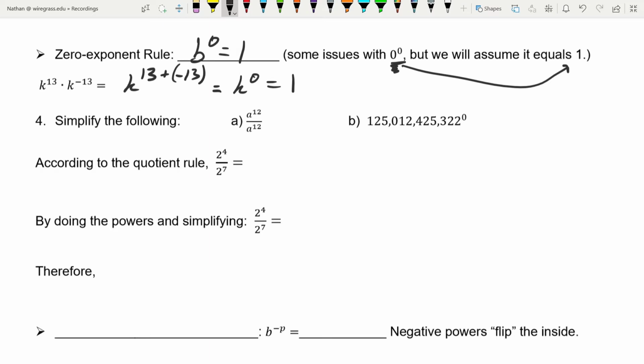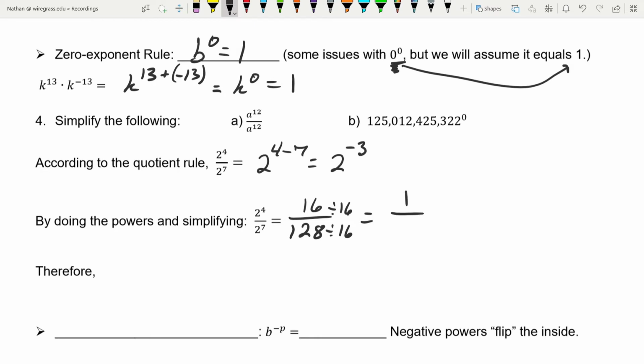Okay, so according to the quotient rule, 2 to the 4th power over 2 to the 7th power equals 2 to the 4 minus 7, which is 2 to the -3. Now, by doing the powers and simplifying, 2 to the 4th power is the same thing as 2 times 2 times 2 times 2. That's 16. 2 to the 7th power is 16 times 2 times 2 times 2, which I believe is 256. No, not 256. It's 128. Okay? And then on top and bottom, I can actually divide both by 16.